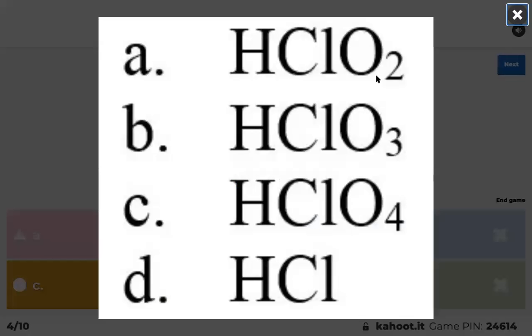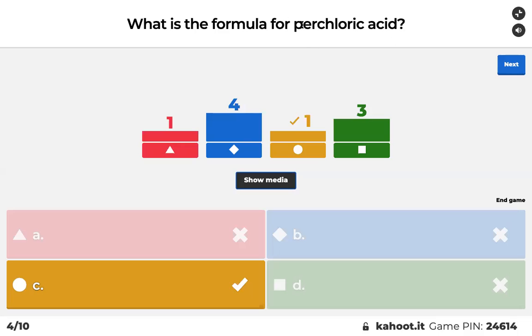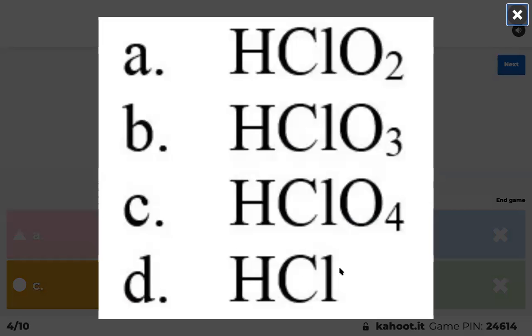Right here. No, it does not. So if it does not have hydro, that means it cannot be D, because remember, hydro is for the binary acids. The oxyacids, all the ones like A, B, and C that have oxygens, don't have hydro. So because there's no hydro, option D should be eliminated first.